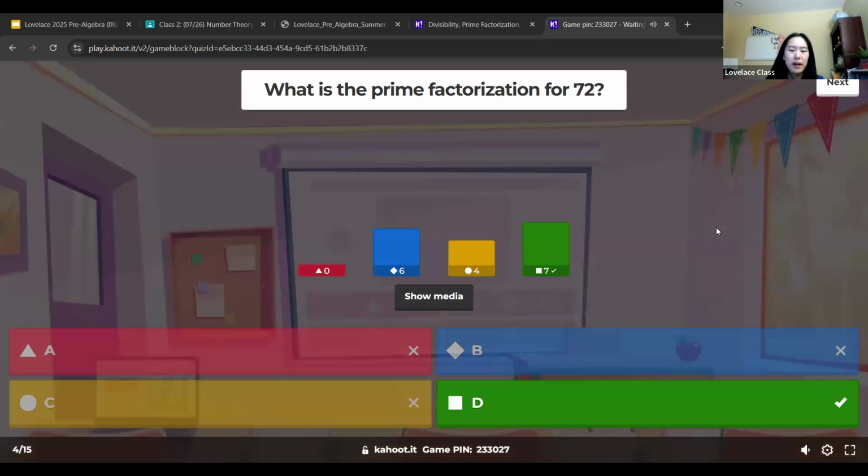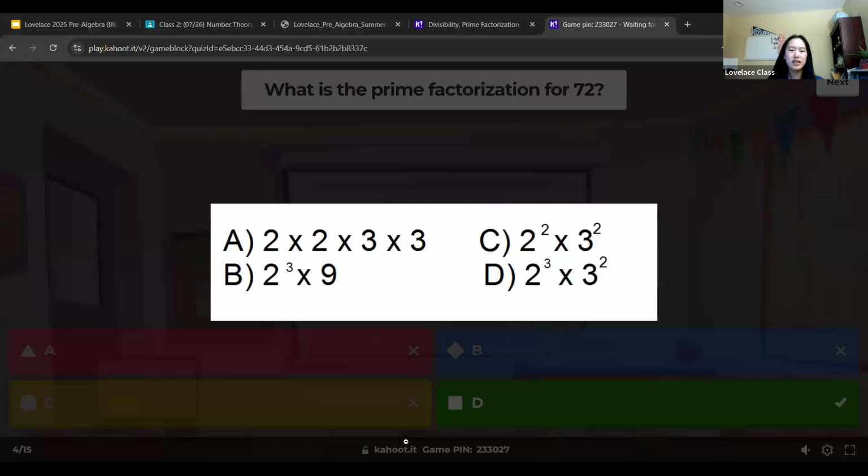Okay. A lot of you guys put B, and I'll just quickly explain why B is not the right answer. It says what the prime factorization is, and when we talk about prime factorization, that would mean that every single number in there has to be a prime number. And for the answer B, yeah, 2 cubed times 9, which is 8 times 9, does equal 72, except for the fact that 9 is not a prime number.